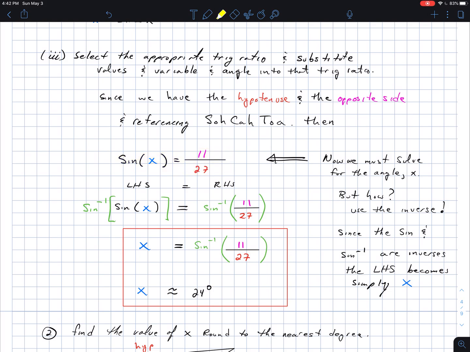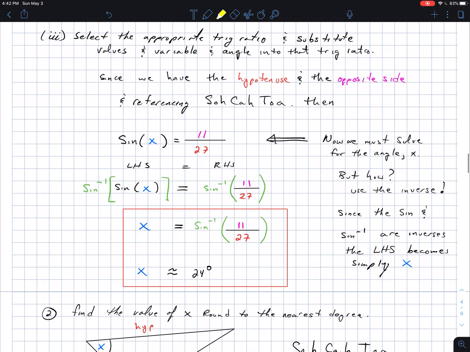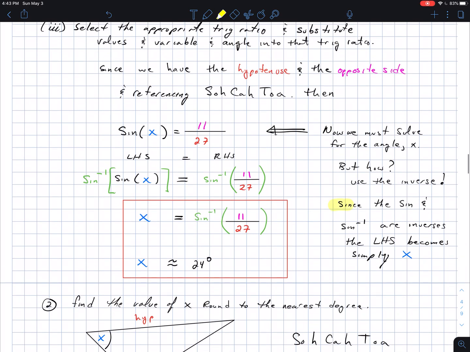Now, the next step may look a little bad, but it's not as bad as you may think. Let's go over here for a second. Since the sine and the sine to the negative 1 are opposites, the left-hand side simply becomes x.